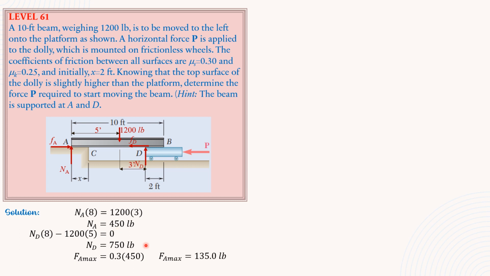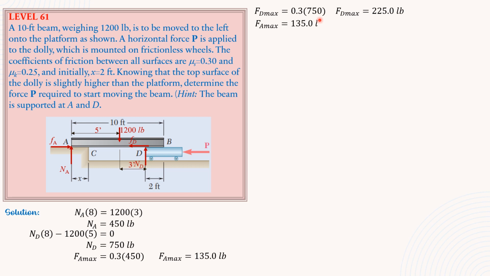Then the maximum frictional resistance at A is 0.3 of 450, and that is equal to 135 pounds, while the maximum frictional resistance at D is 0.3 of 750, and it is equal to 225 pounds. Since if we draw the free body diagram of the beam, FA should be equal to FD, and since FA is smaller, therefore it controls.